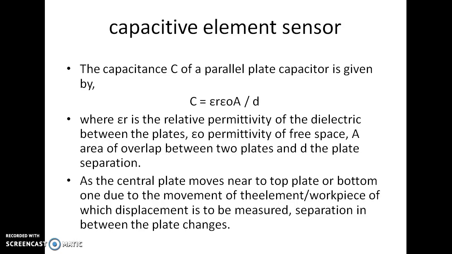As the central plate moves near to the top plate or bottom one due to the movement of the element or workpiece of which displacement is to be measured, the separation between the plates changes.